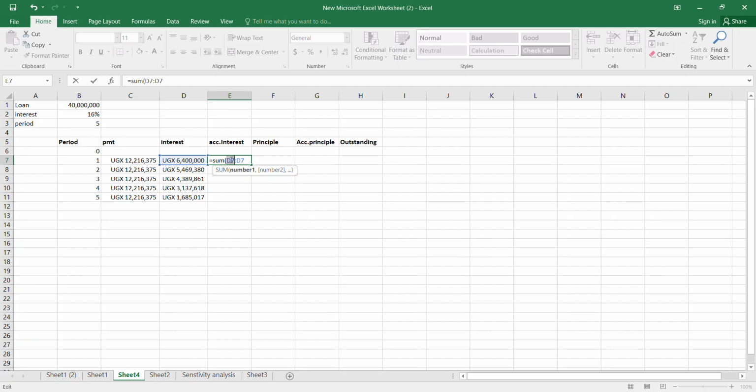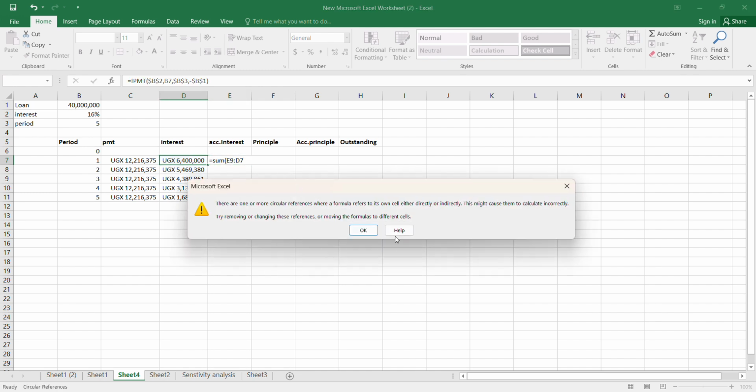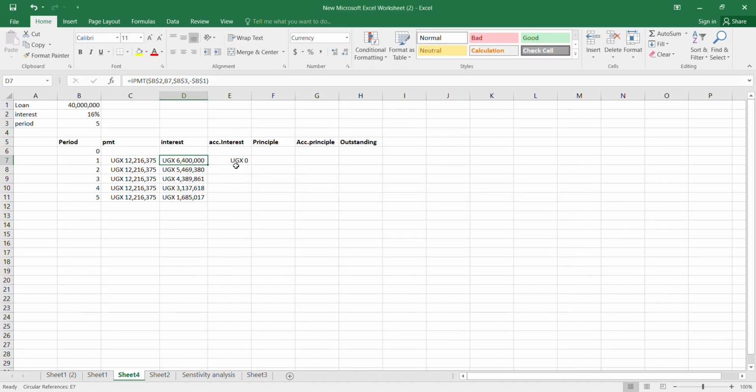We fix one of the cells. You make sum, then you press a colon, and then you fix one of the values. It is equal to sum, then you press in the interest cell, you put a colon.